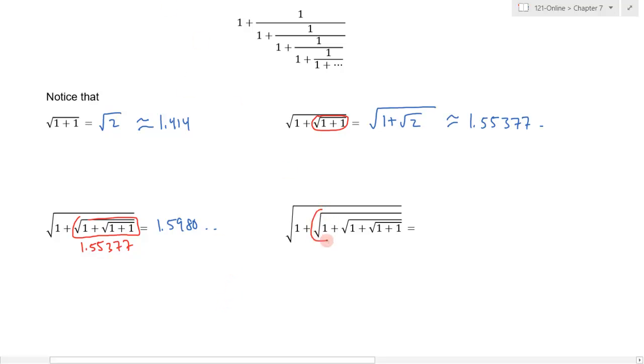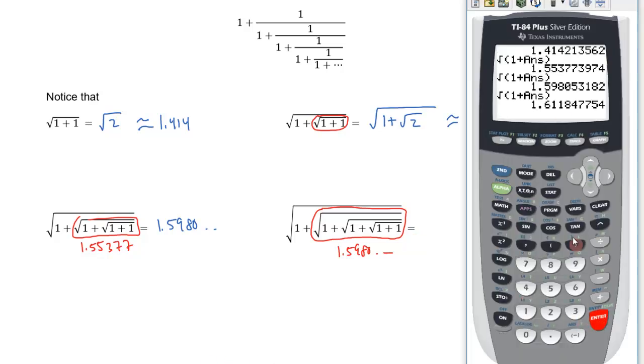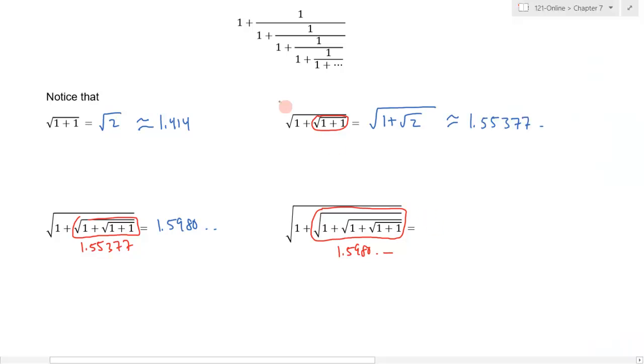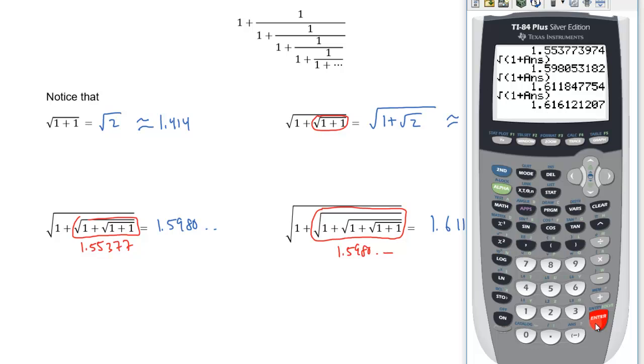And notice that, again, if I do another step, this here is just this previous answer. So all of this is the 1.5980 that's in my calculator. So if I do the square root of 1 plus answer again, I'm going to get this answer, which is 1.6118. And all I have to do is just keep hitting my enter button, and I will be getting closer and closer to what that repeated radical, that continuous radical, is.